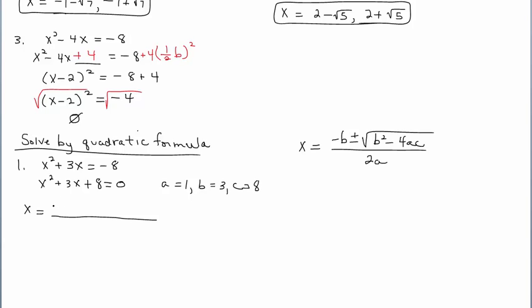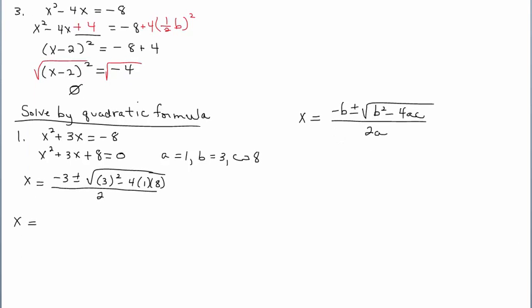So opposite b, -3, plus or minus square root of b squared, 3 squared, minus 4 times a times c, all over 2 times 1, or just simply 2. So the setup is kind of critical, but so is the simplifying.